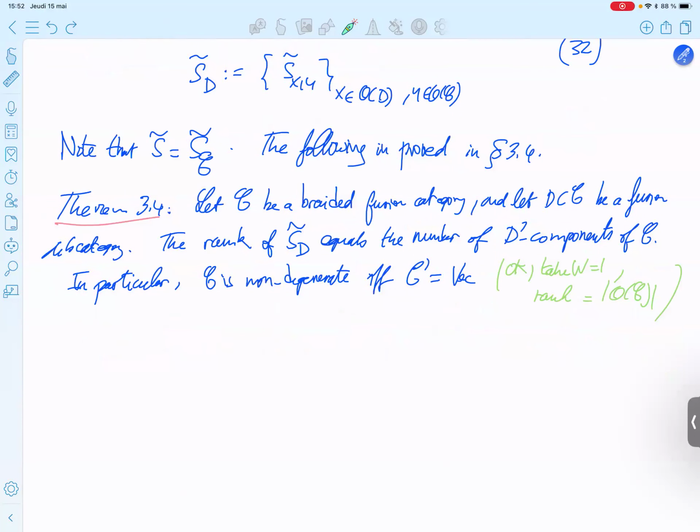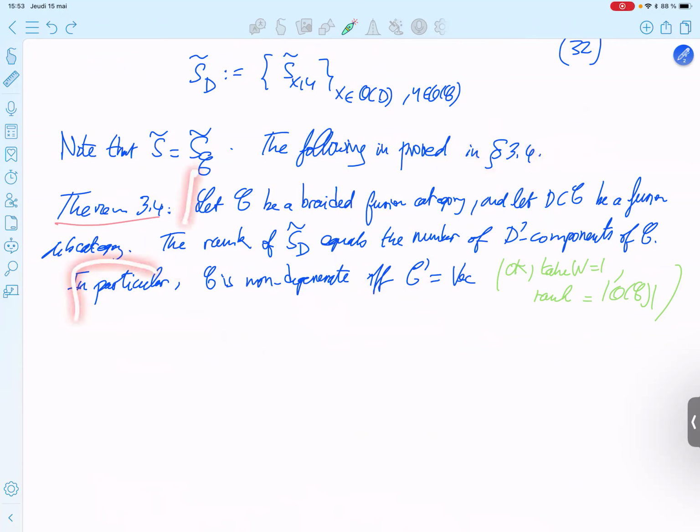So this way is clear, this way is almost clear, but maybe you need some more details, which we should discuss in this section. But at least you can see, because this is a very important point, the alternative way to characterize the non-degeneracy by the centralizer. I will discuss that in more detail in this section.